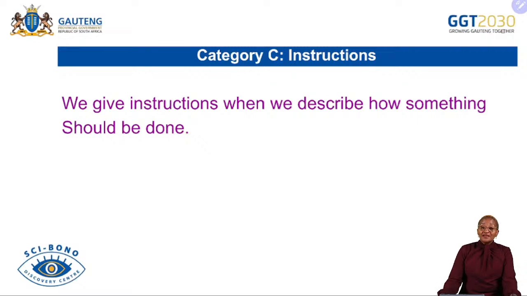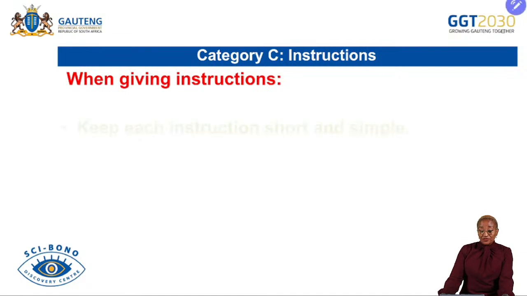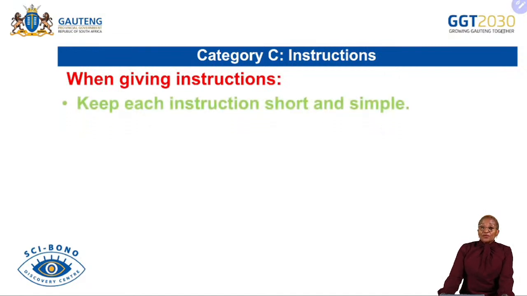As a learner, you are being given instructions every day by your teachers. Your parents also give you instructions to carry out in your everyday life. And it is important that you understand how to write instructions. When giving instructions, you need to keep each instruction short and simple.